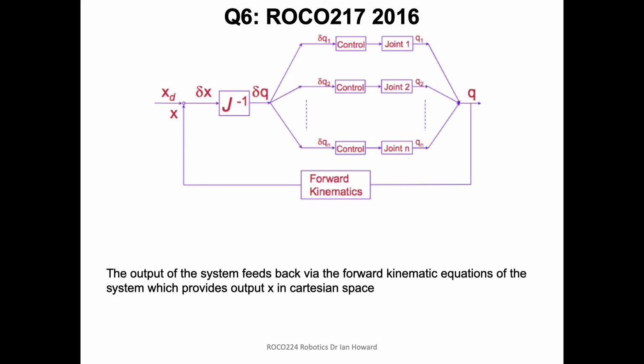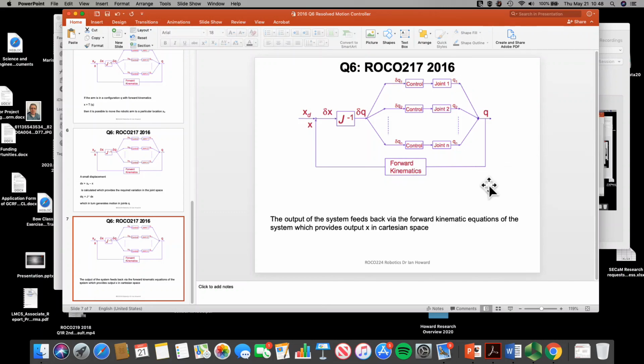But if we very slowly change XD, such that there's always a little bit of a difference between what the system's actually predicting and what we want it to be, it calculates a small delta X, because the difference between these is going to be a small delta X. Given the small delta X, we calculate the small delta Q that we need, we apply the small delta Q to the system, and of course it then moves appropriately through Q. That system works fine, providing, like I said, we can calculate the Jacobian matrix.